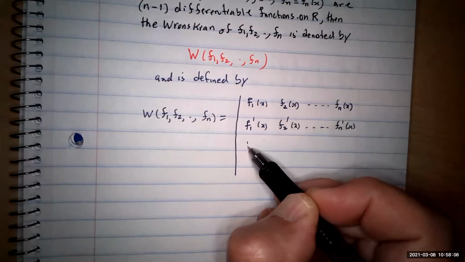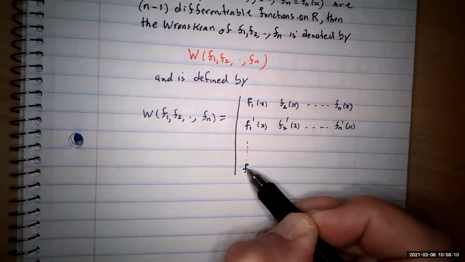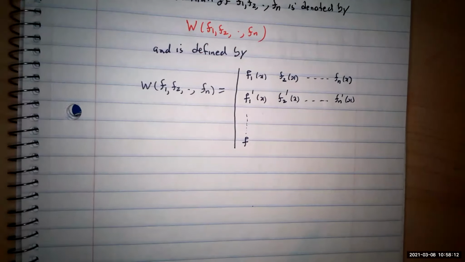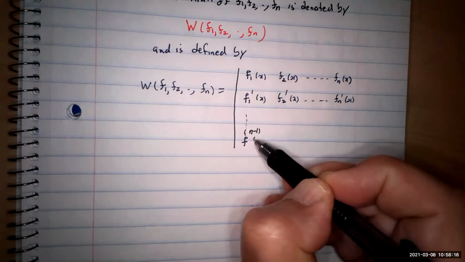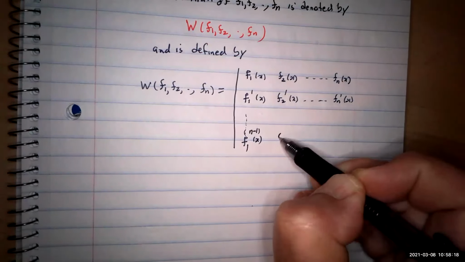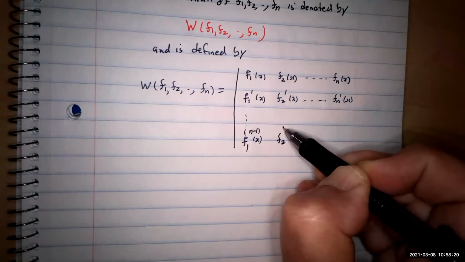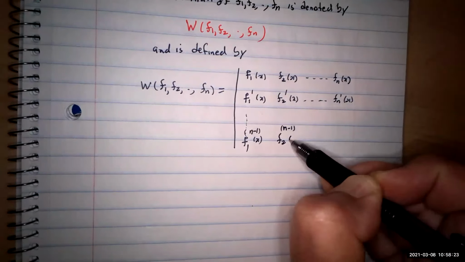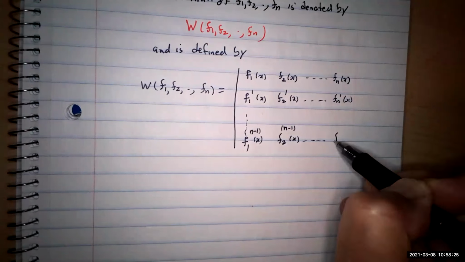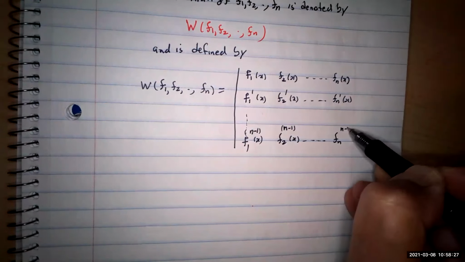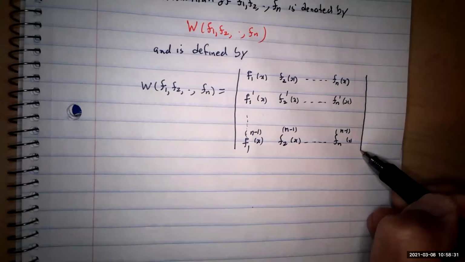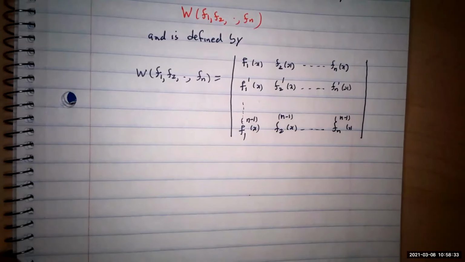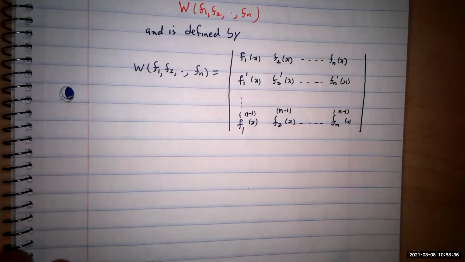And then you continue. Since your functions are n minus 1 times differentiable, the last row would be the n minus 1 derivatives of f1, f2, up to fn of x. So we find the determinant of this matrix.